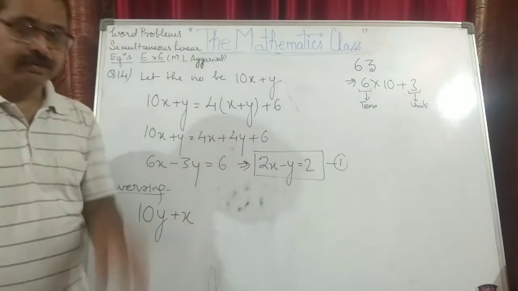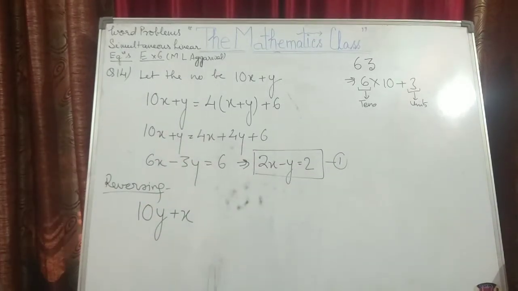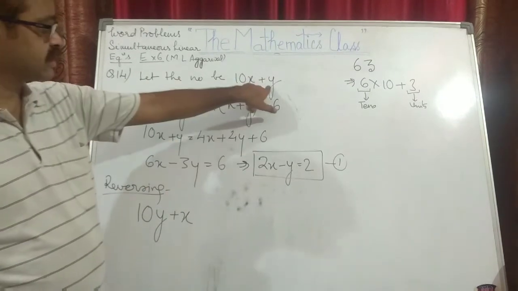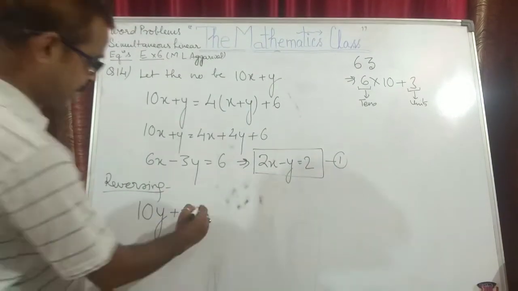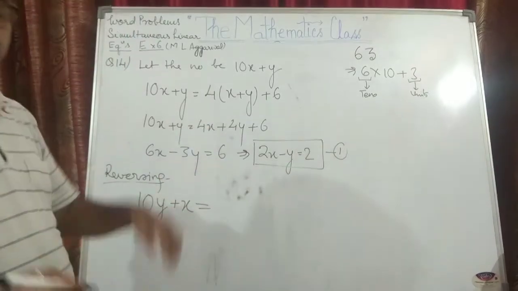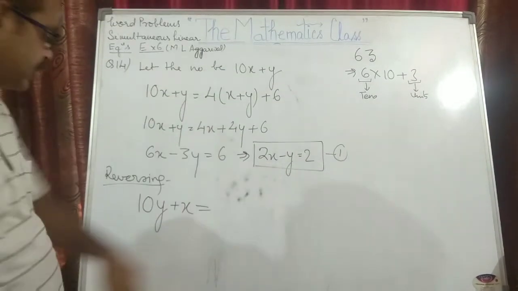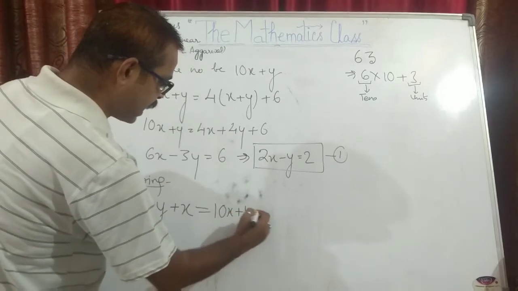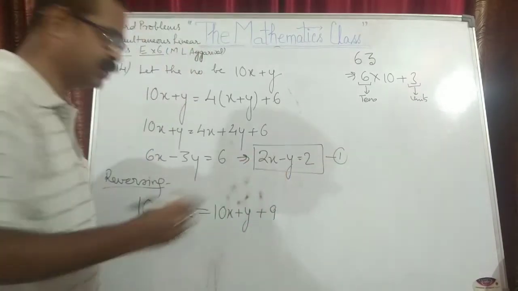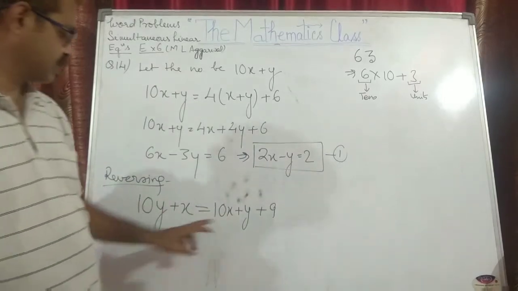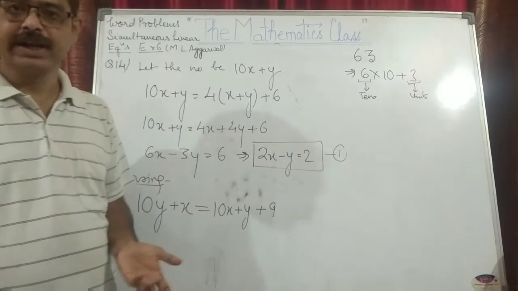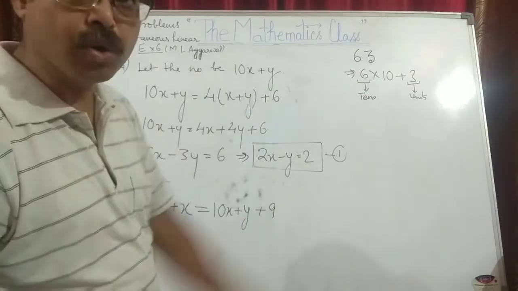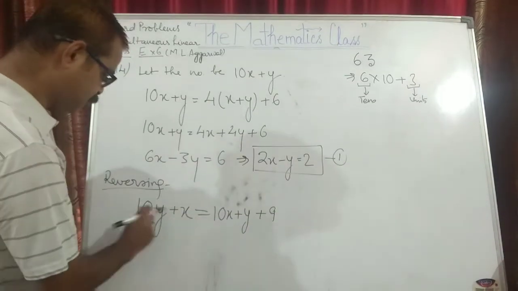When they say it is increased by 9 on reversing the digits, it means the original number was 10x plus y, and the reversed number is 9 more than the previous number.